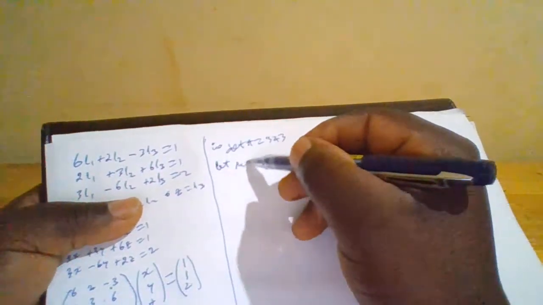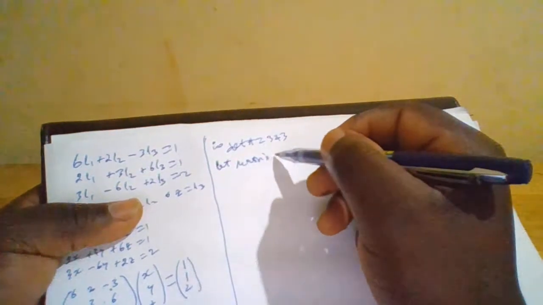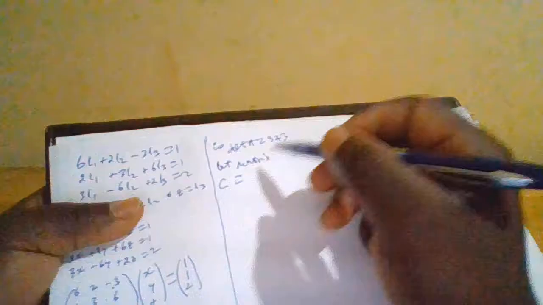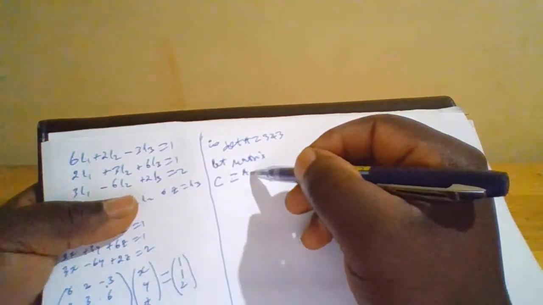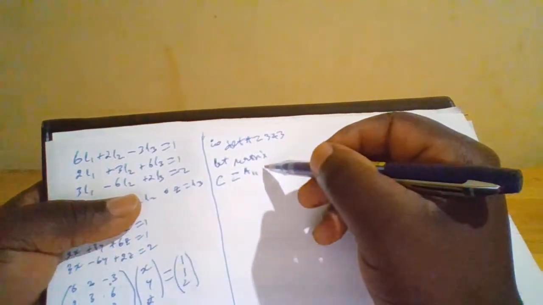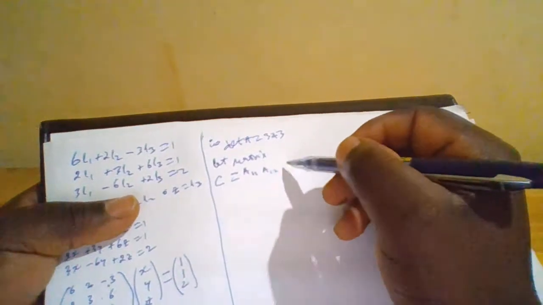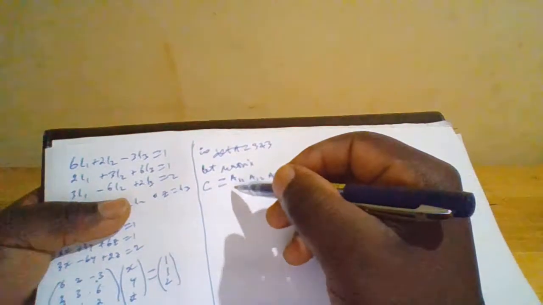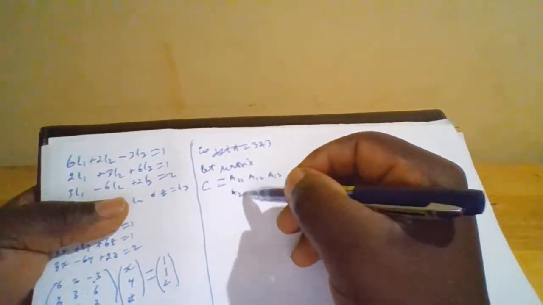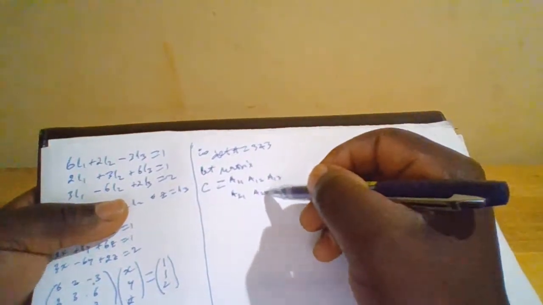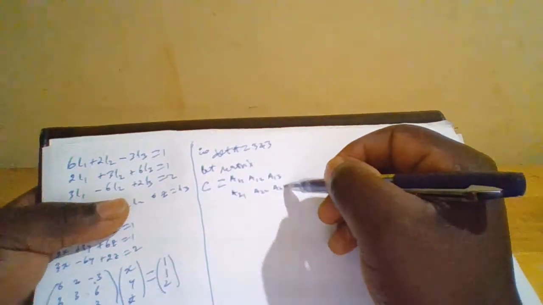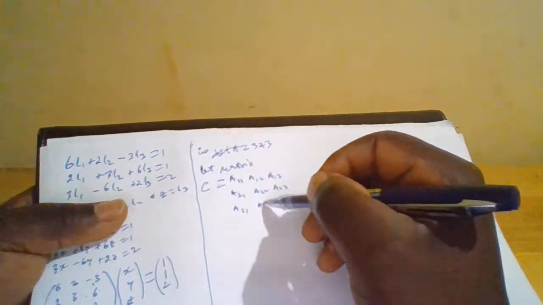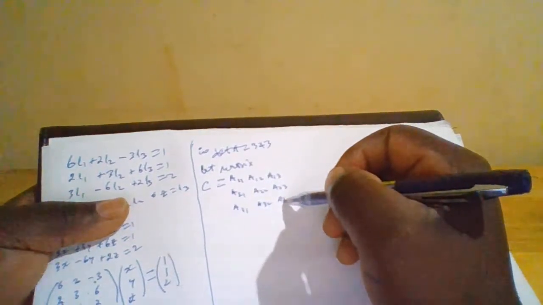Let matrix C of cofactors equal A11, A12, A13, A21, A22, A23, A31, A32, A33.